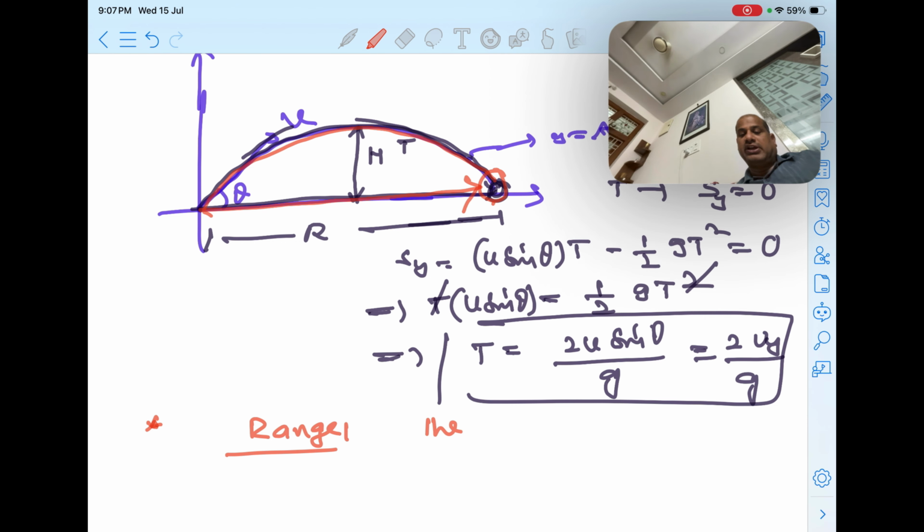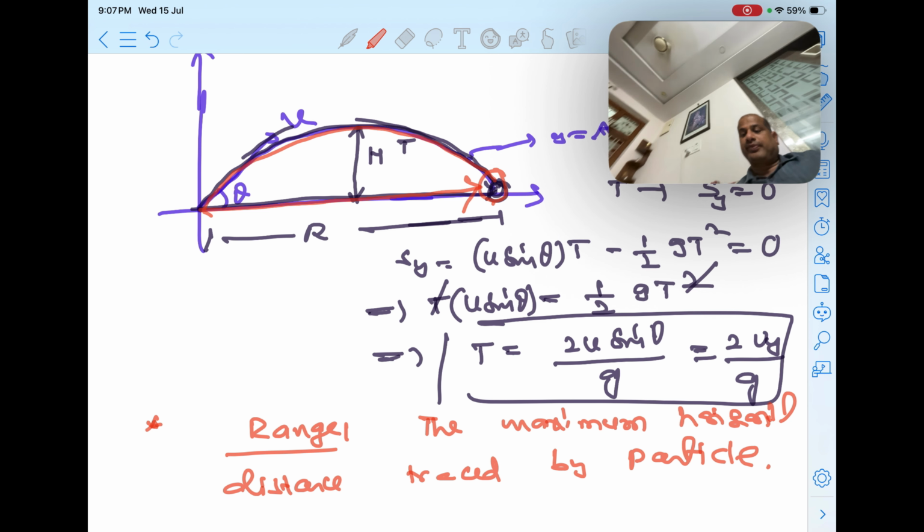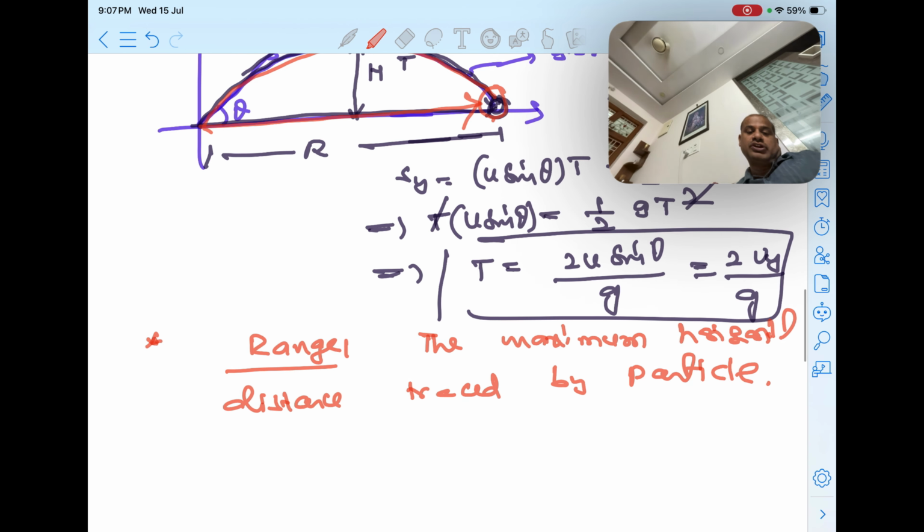What is range? Come on everyone. The maximum horizontal distance. Maximum horizontal distance traced by a particle is called range.